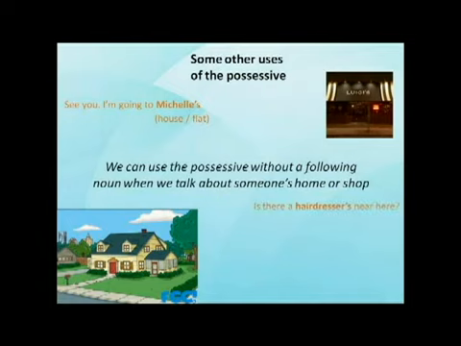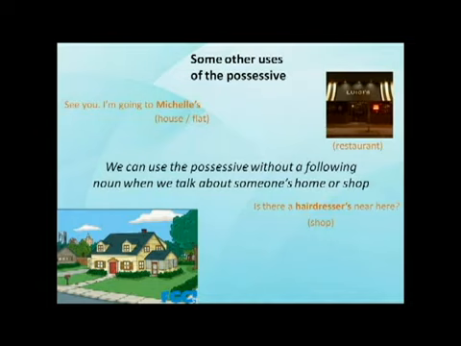Is there a hairdresser near here? To indicate a shop. Hairdresser's shop. Luigi's restaurant. Italian food. Do you like Luigi's? Should we go to Luigi's?